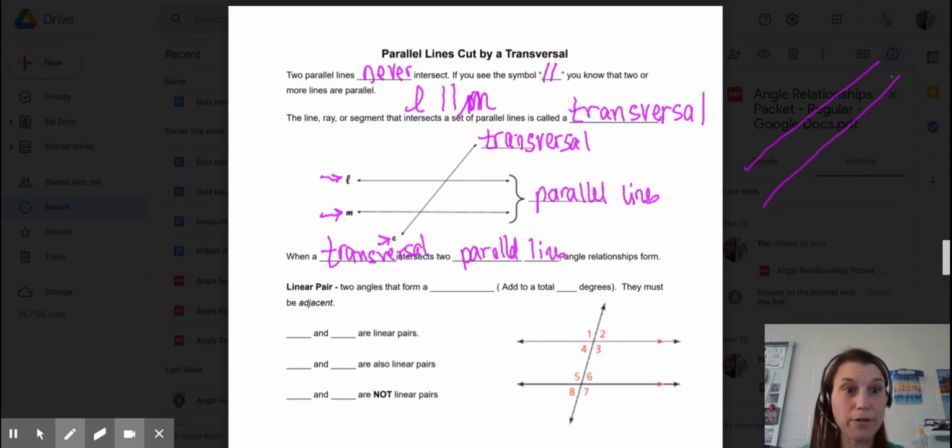They're just straight forever. And there's this gap in between them, and then there's stuff on the outside. But if I have another line that comes in straight and cuts these, then that's going to create 1, 2, 3, 4, 5, 6, 7, 8 angles. So 8 angles are created from that intersection.